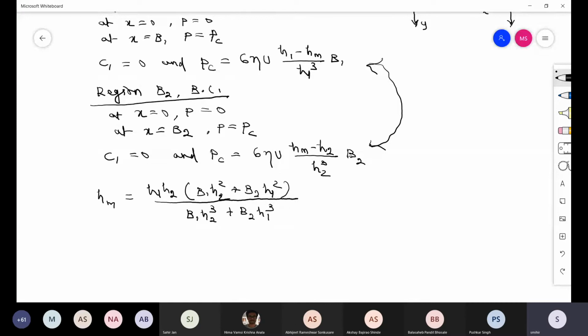Now you got all the constants. So substitute back in the pressure equation. So you will get the pressure distribution over region B1.